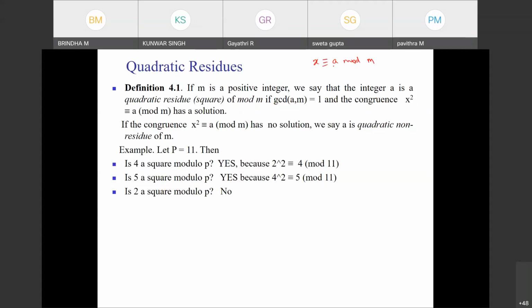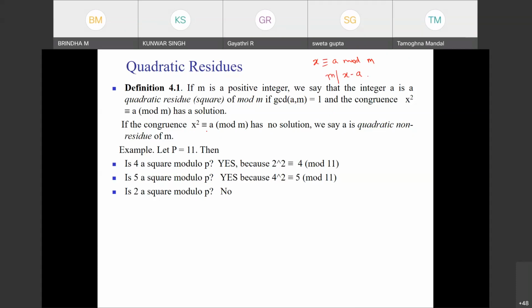This basically means M divides X minus A. That is the meaning: X congruent A modulo M basically means M divides X minus A.